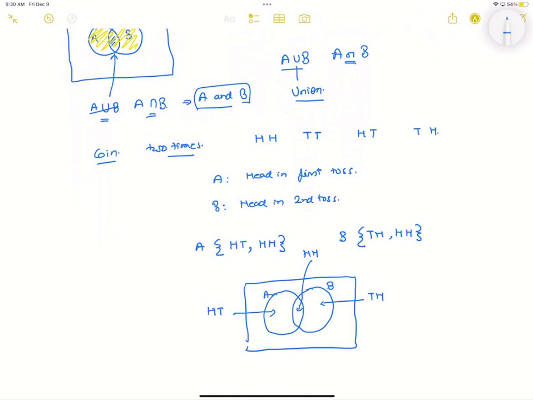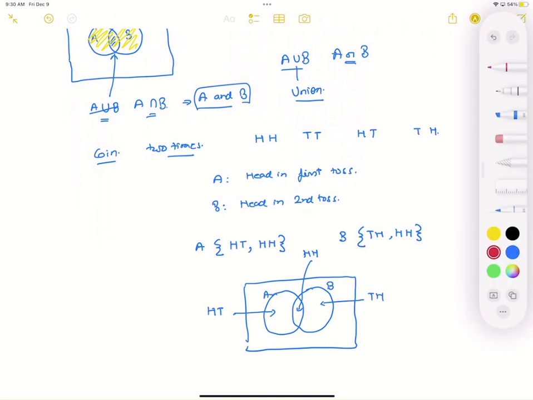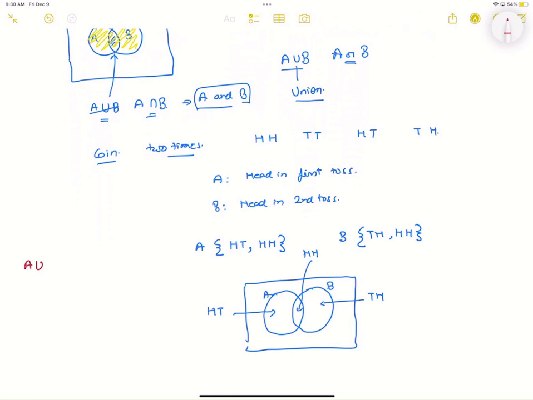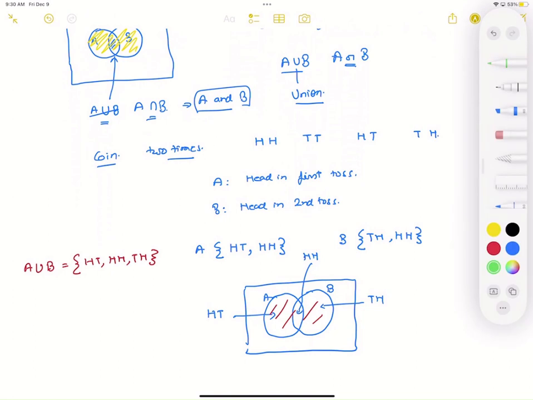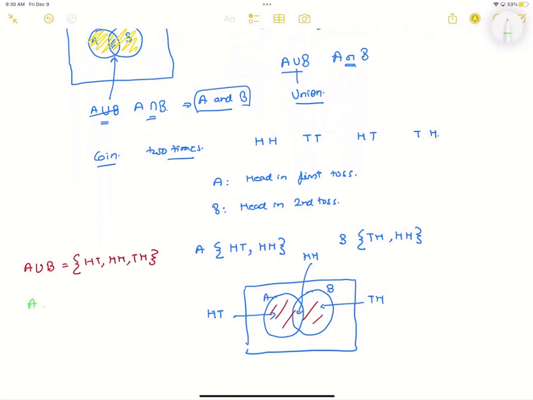So A union B, which is A or B, is going to be the whole of this: HT, HH and TH. While A intersection B is going to be just this area over here, which is HH.